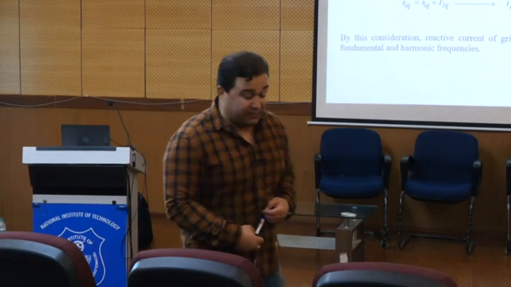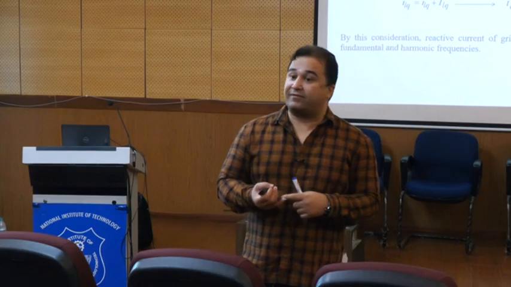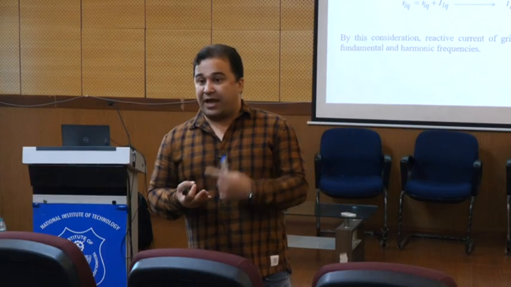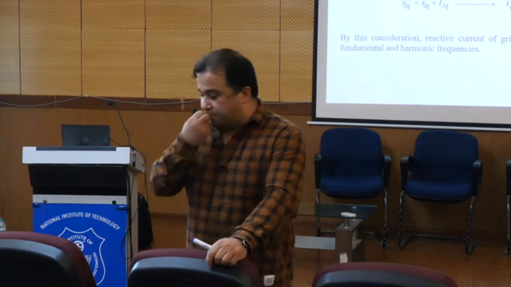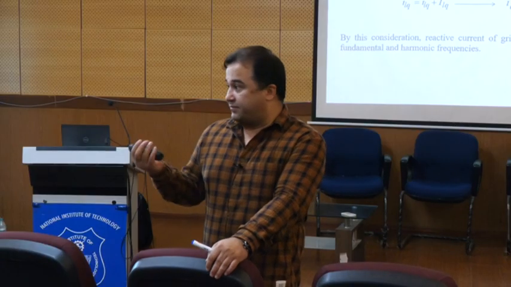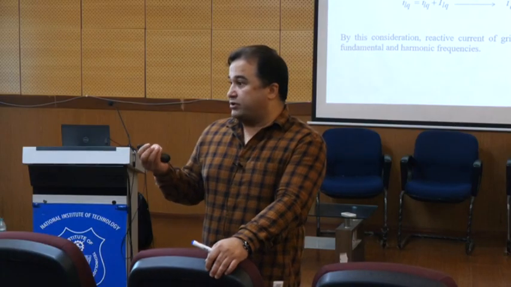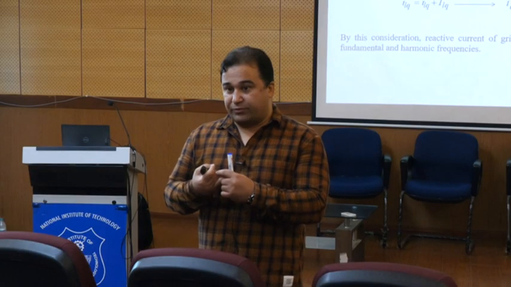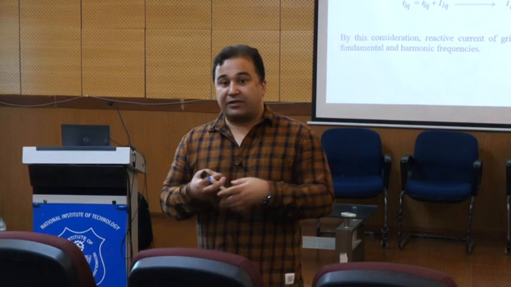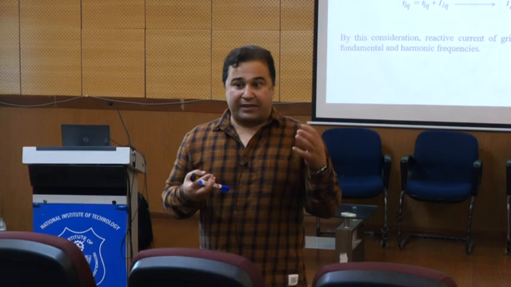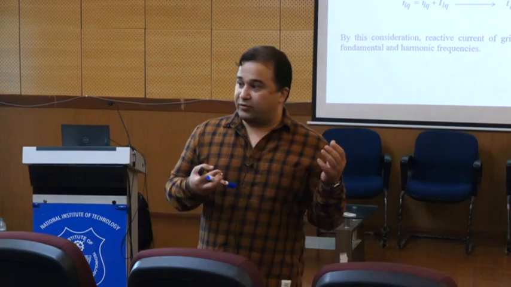If you have a load that is a combination of reactive power, harmonic, and active power, then the main priority is not the active power. The main priority is reactive power and harmonic, and if we have extra power, we can compensate the active power in fundamental frequency.